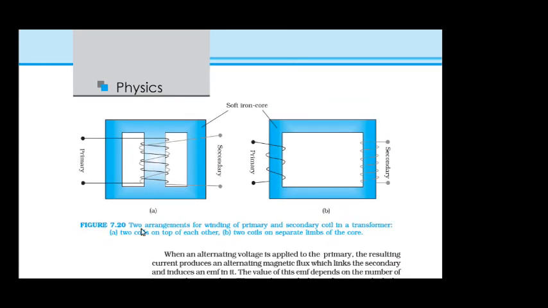Two arrangements of winding the primary and secondary coil in a transformer. First, A, the two coils on top of each other. B, the two coils on separate limbs of the core. In this case, this is primary, this is secondary. In this case, this is primary, this is secondary.